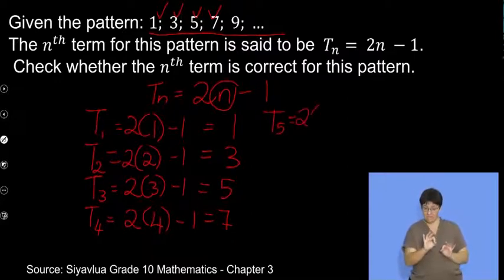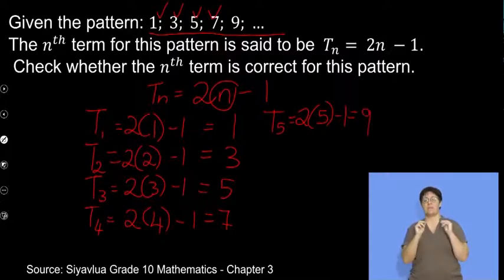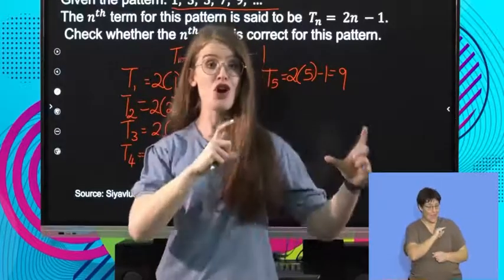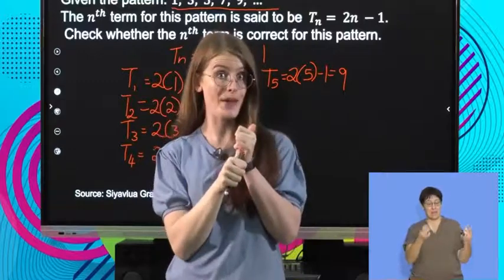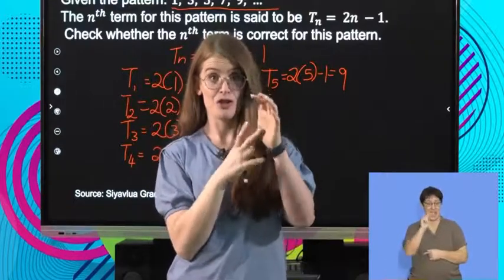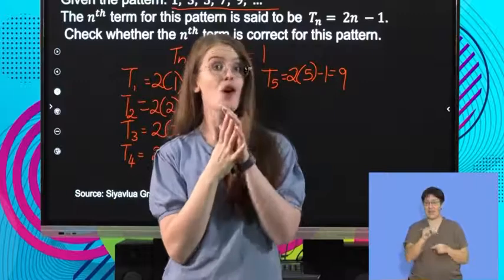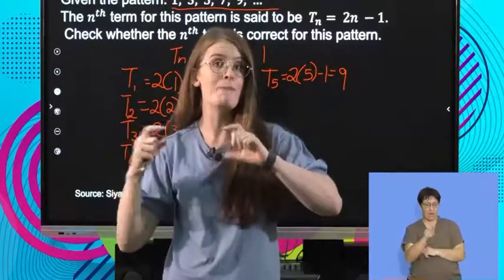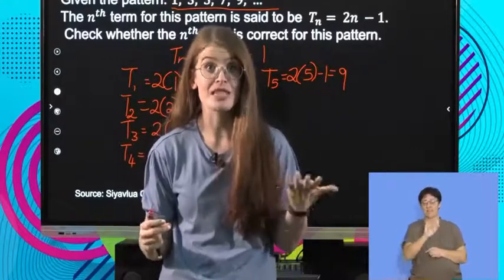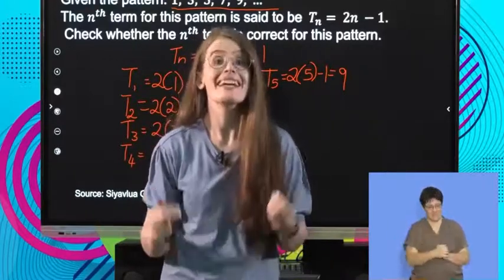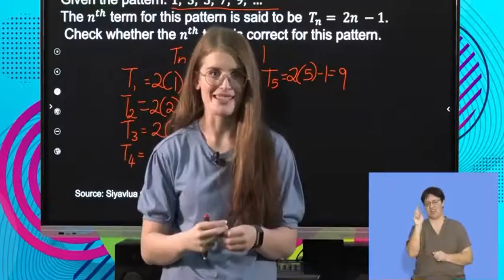I'm going to say 2 times 5 minus 1, which gives me 9. This is good news, because this means that when substituting in term numbers, where n equals 1, 2, 3, 4, and 5, we could see that the general term matched my actual sequence. So that means that the general term is correct for that pattern.